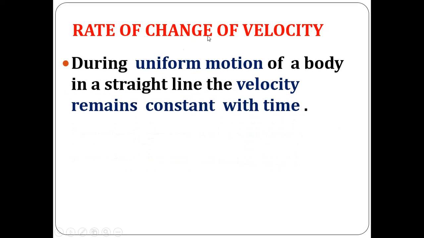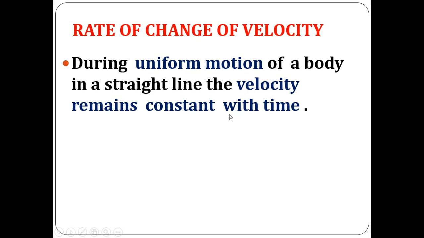So during uniform motion of a body in a straight line, the velocity remains constant. Okay, so what is meant by velocity? Last class we have seen the rate of change of speed with direction, that is called velocity, with respect to time. Yes, so during the uniform motion of a body in a straight line, the velocity remains constant because there is no change in velocity.